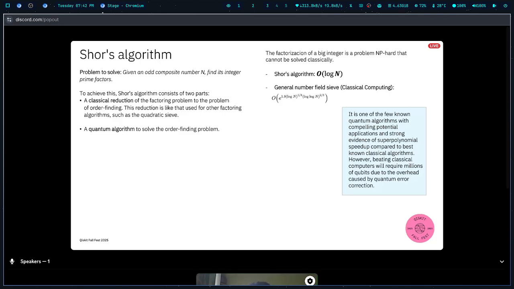The problem to solve is: given an odd composite number N, find its integer prime factors. Again, the reason we do this is because we want to break RSA. That's the algorithm, and it is one of the first algorithms that shows this quantum advantage.